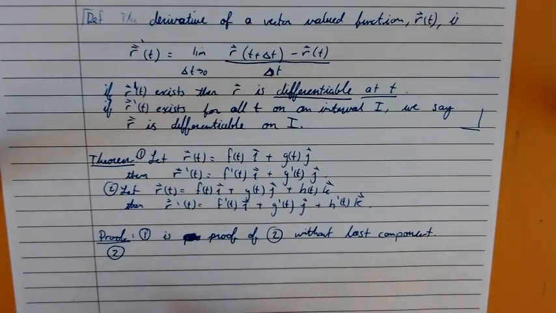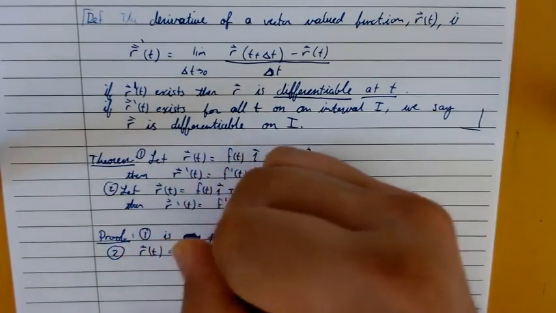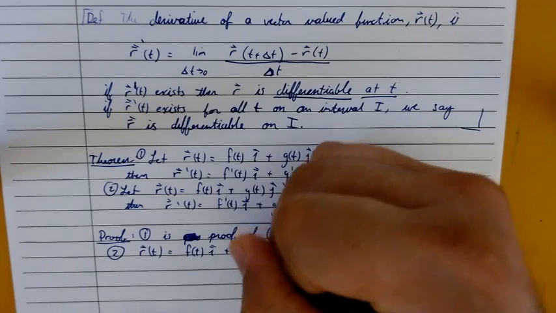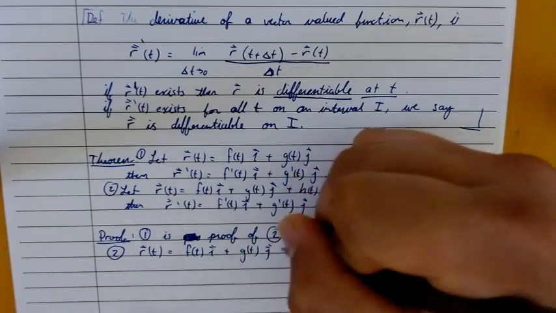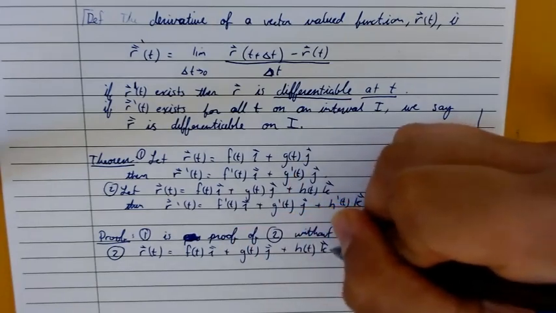All right, well, let's begin with just the vector valued function. R of t is given by f of t i plus g of t j plus h of t k.